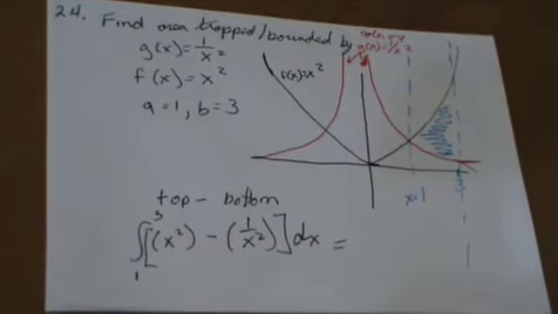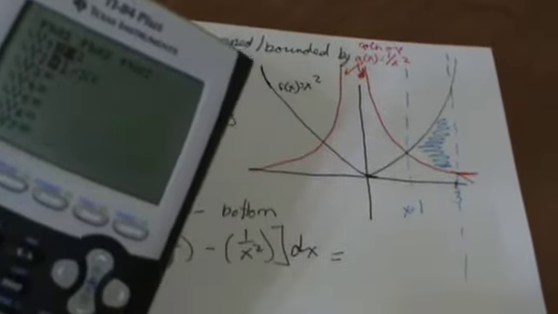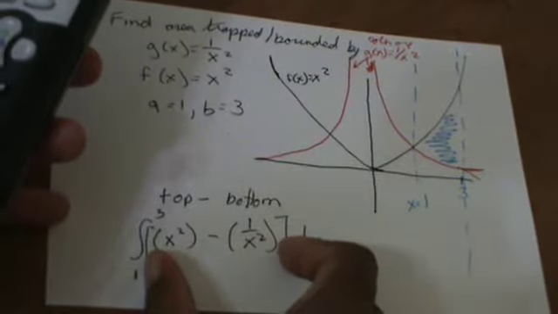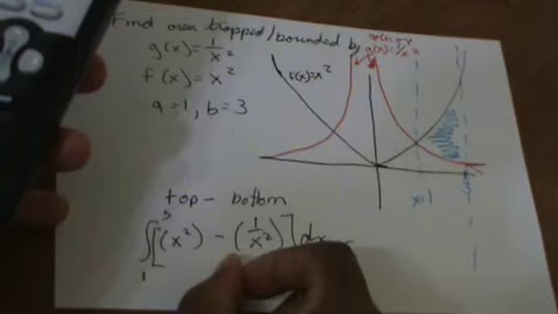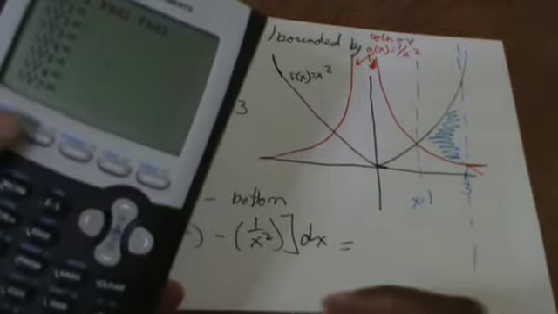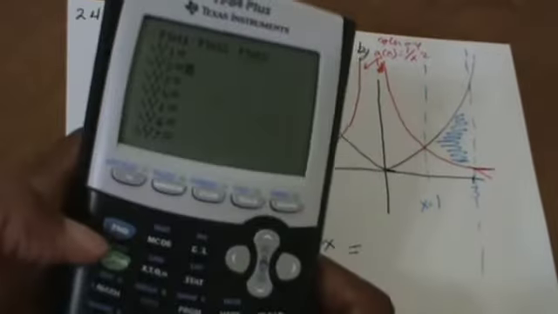So if we were to do that, then we go into our calculator, and notice since I'm doing them both at the same time, I'm creating a hybrid, smashing them together. So whatever I get, it may or may not look like this. We don't know what it will look like. So on my y equals, I'm going to put exactly what I have here, the hybrid.